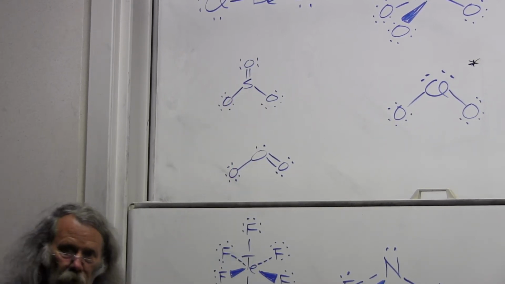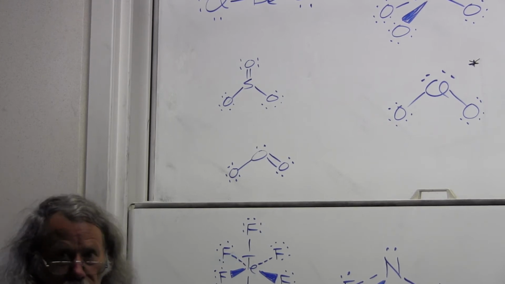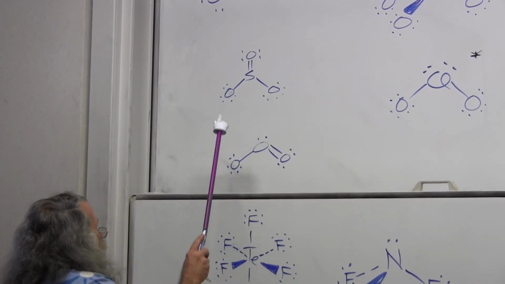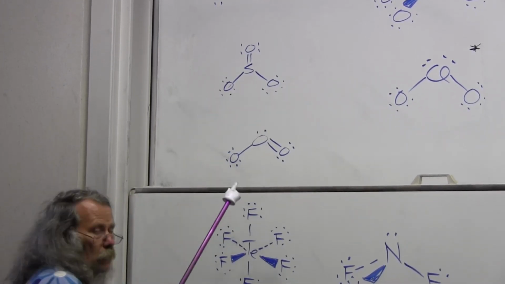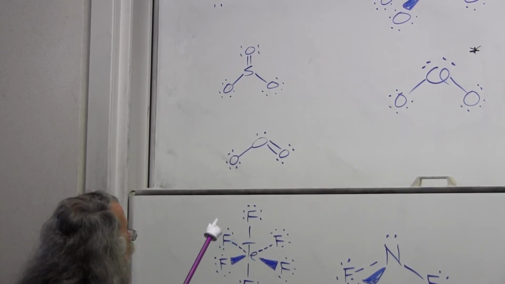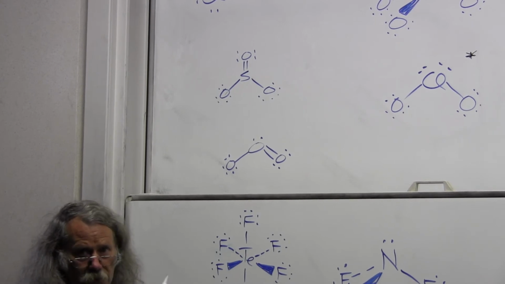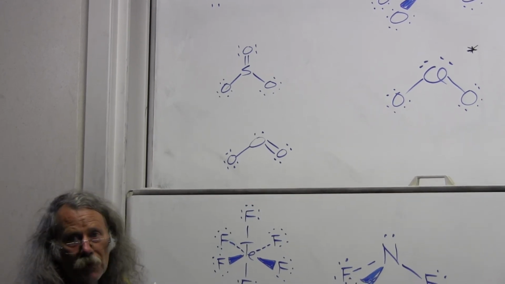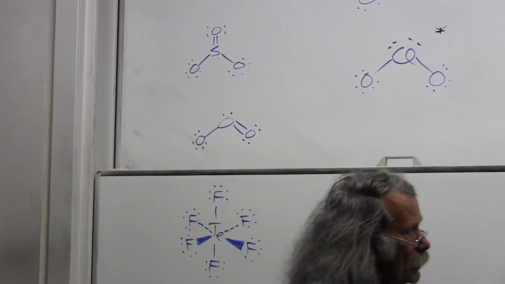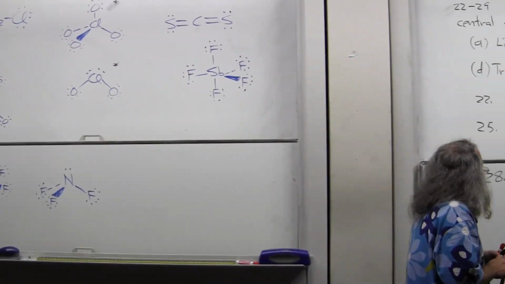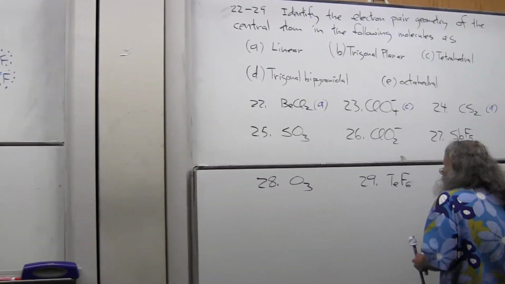When you're counting E pair geometry, you make no distinction between single, double, and triple bonds, so that gives me 3 pairs of electrons. 3 E pairs requires trigonal planar E pair geometry, which is option B.